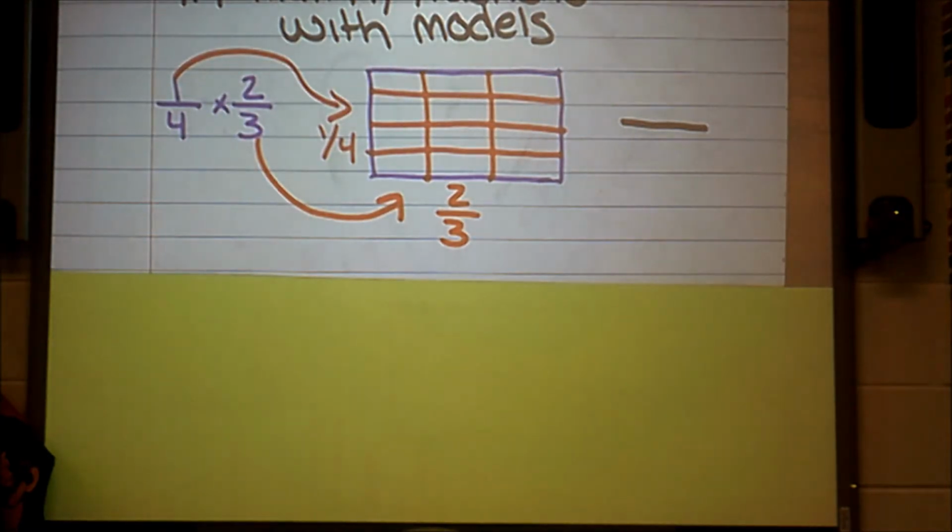So here's my first problem. 1/4 times 2/3. With this problem, what I'd like you to do is to draw that rectangle. And just like a third grade array, I have 1/4 on one side and 2/3 on the other.